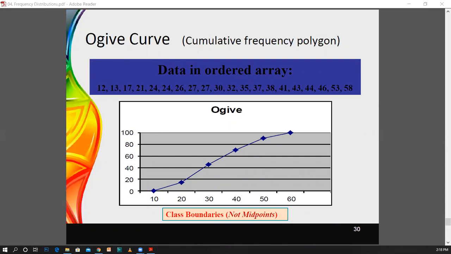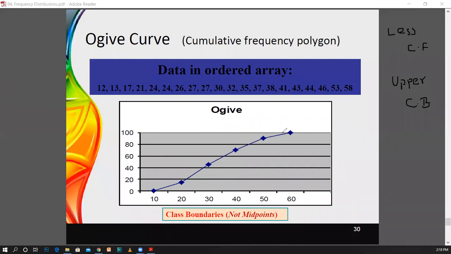Therefore, if you are using less than cumulative frequency, then your x-axis should be named with upper class boundary. This is what you have to keep in mind when you are going to construct the ogive curve.